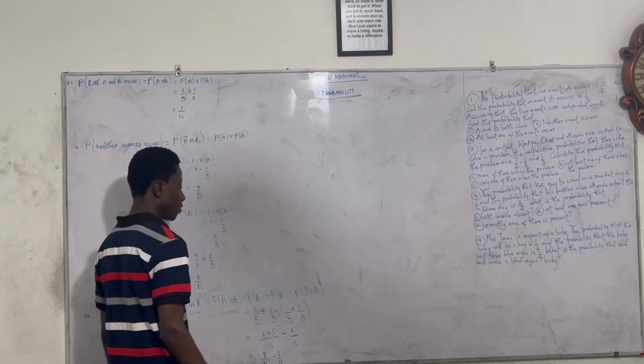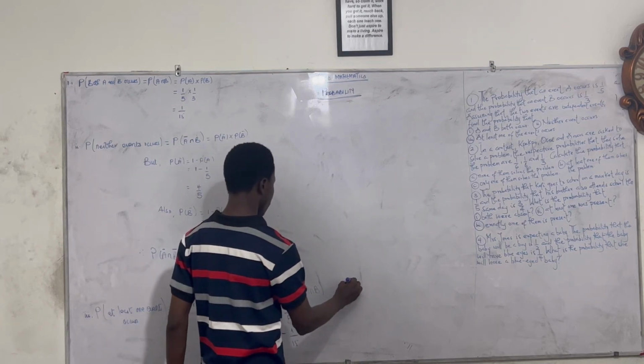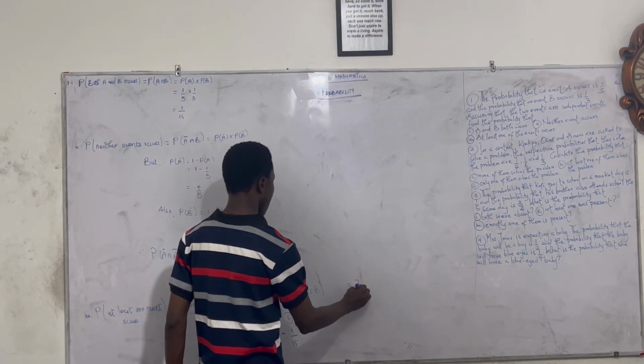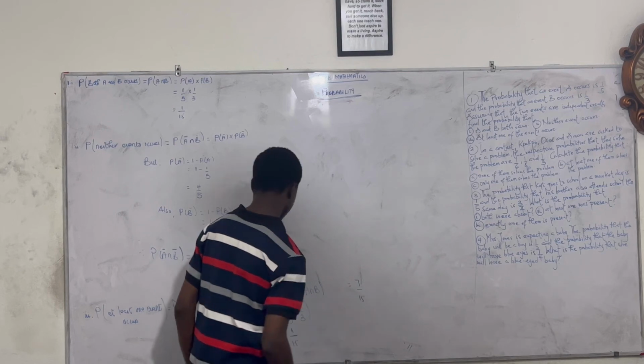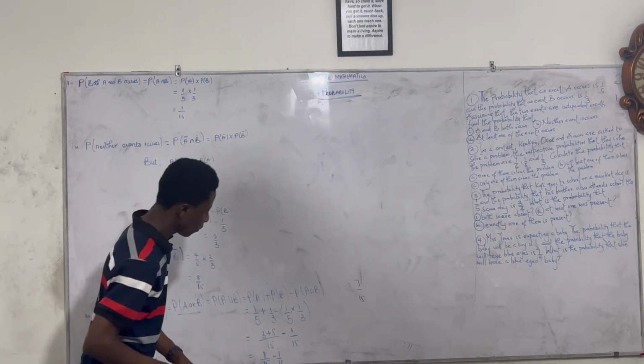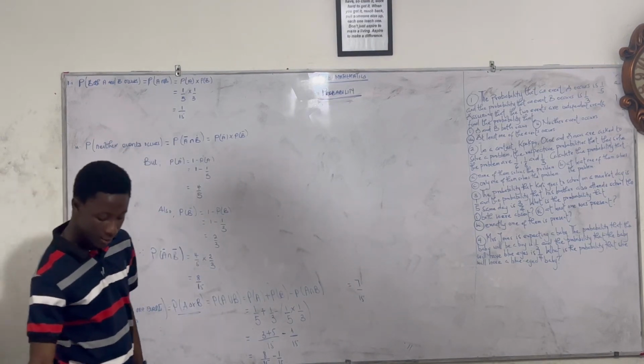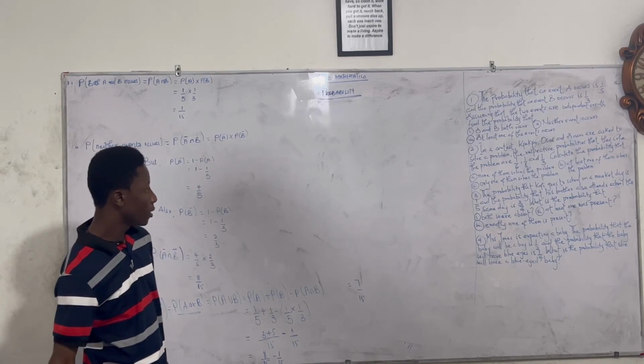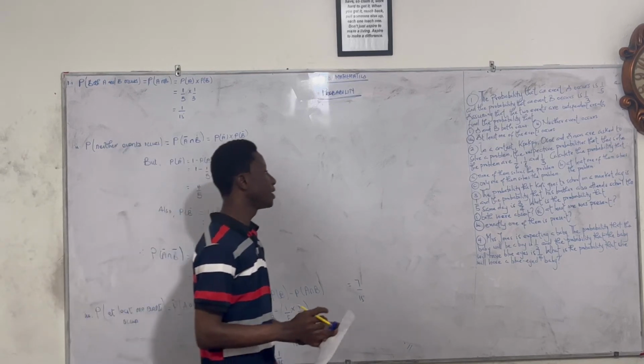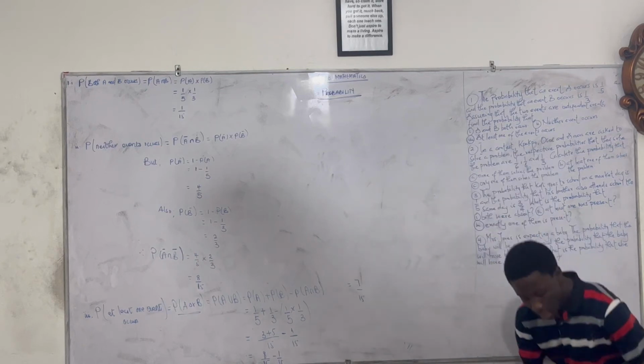You are getting 7/15, right? 7/15. So that is it for at least one event occurs.